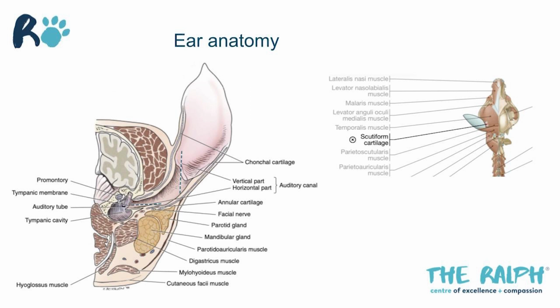So when talking about the external ear canal, we all know that it consists of the vertical part and the horizontal part. There are three different types of cartilage in the ear. We have the auricular cartilage all the way down the external ear canal, and then the annular cartilage at the level of the horizontal ear canal just before we enter the bulla.